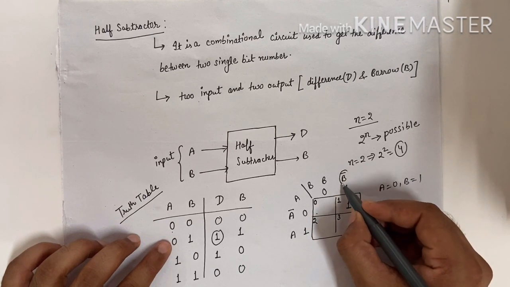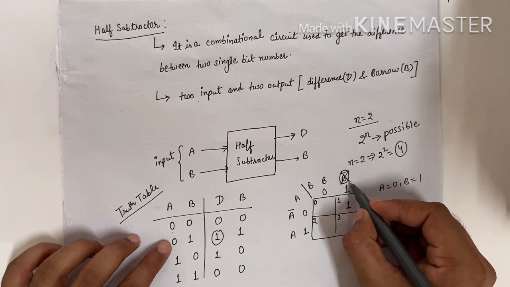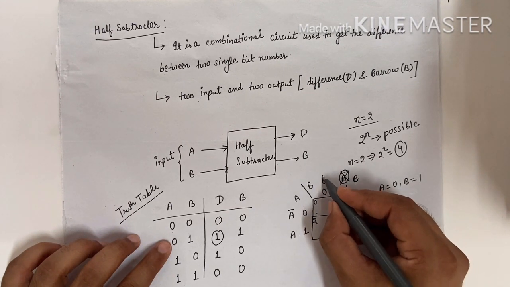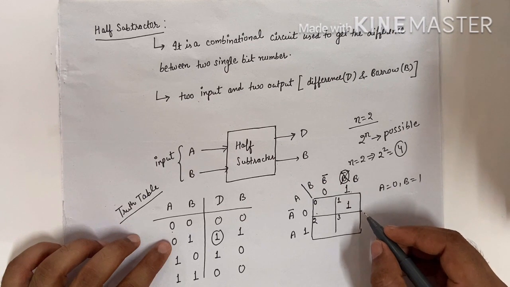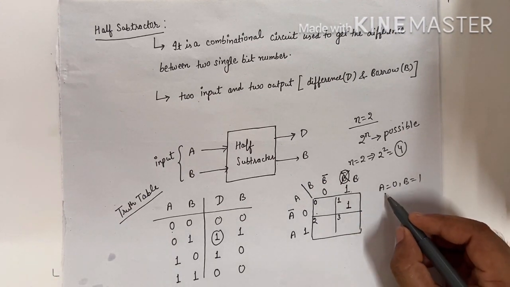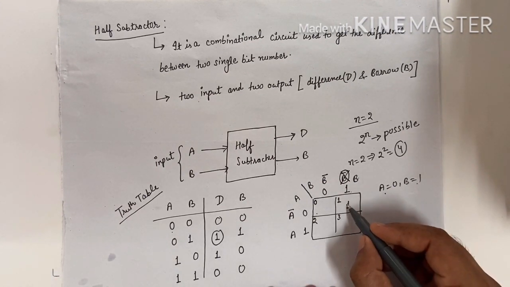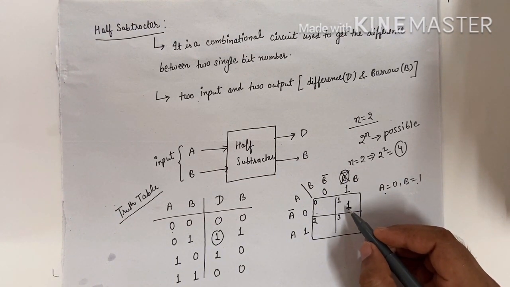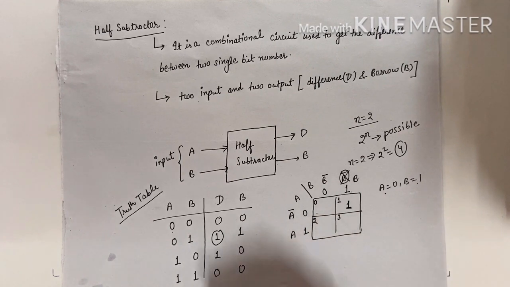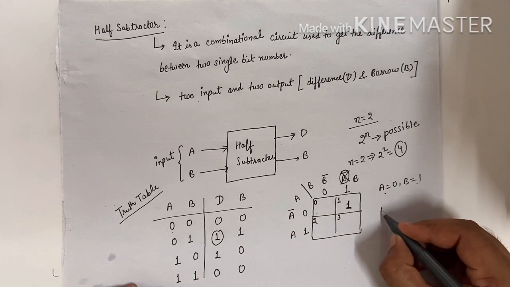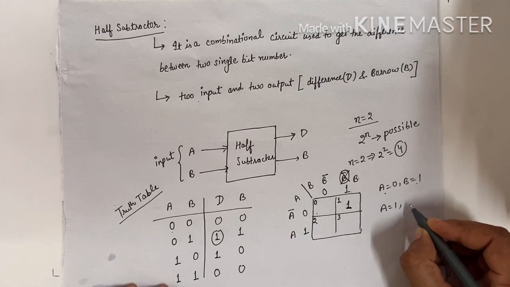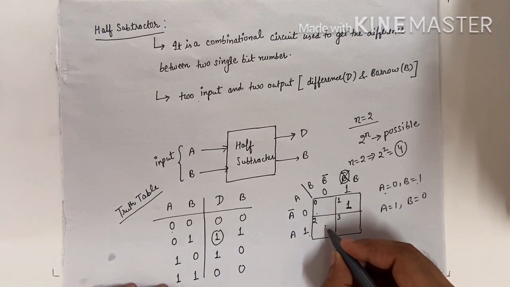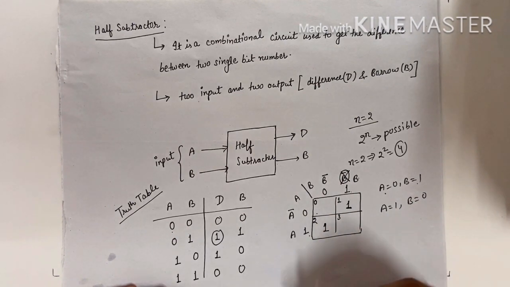This is not B complement, this is B only, because 1 is written as B only and 0 is written as B complement. Okay. So if A is 0 and B is 1, we can write logic 1 here, because this is the condition which is satisfying the K map. Now suppose A is 1 and B is 0, A is 1 is here and B is 0 here, then we can write 1 in this cell.